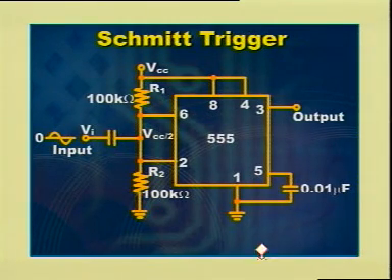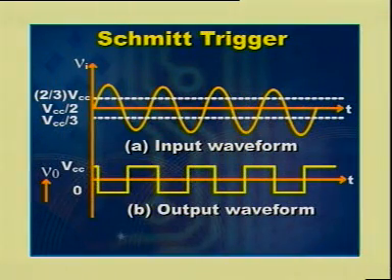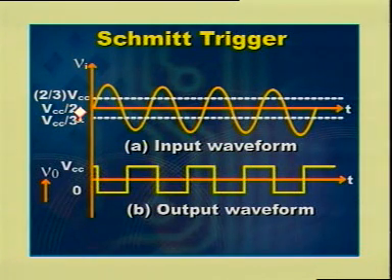Here, the threshold terminal and trigger terminal both are tied together and input voltage is applied to it through a DC blocking capacitor, and at this junction point of tied point of threshold and trigger terminals, we are getting a DC voltage, fixed voltage of VCC by 2 due to the external arrangement of R1 equal to R2 equal to 100 kilo ohms. Now, the input sinusoidal signal is having average value at VCC by 2.